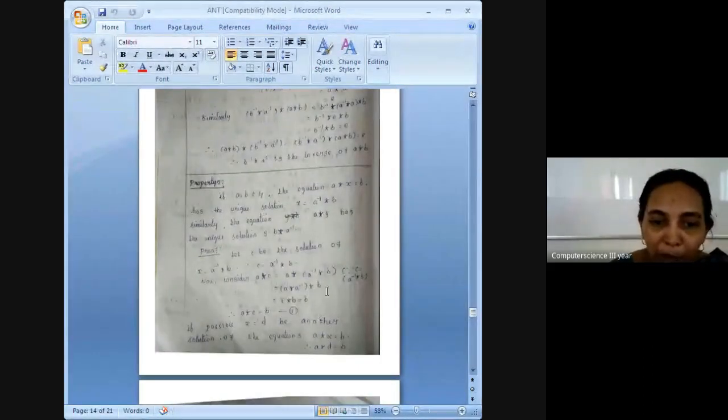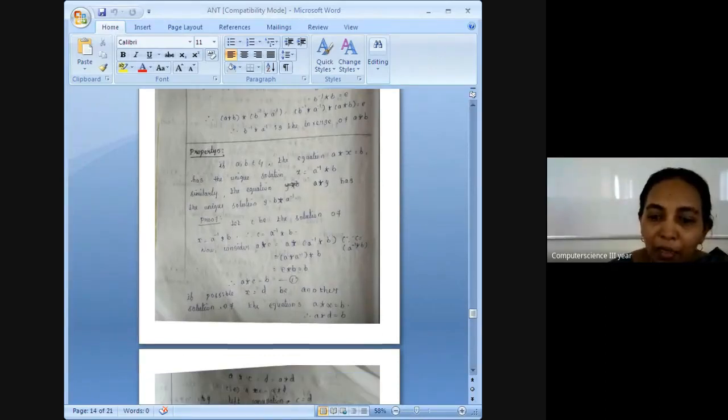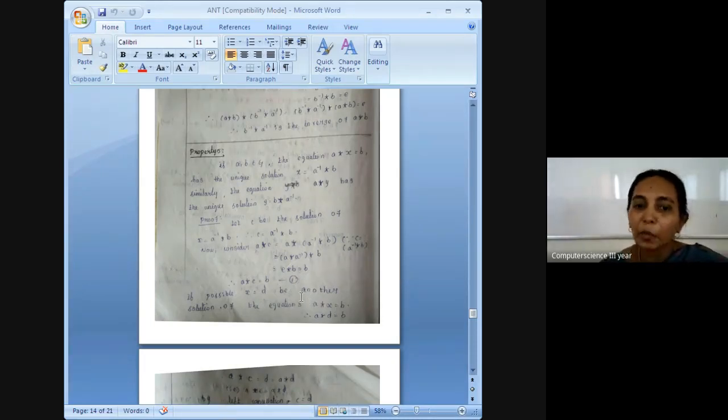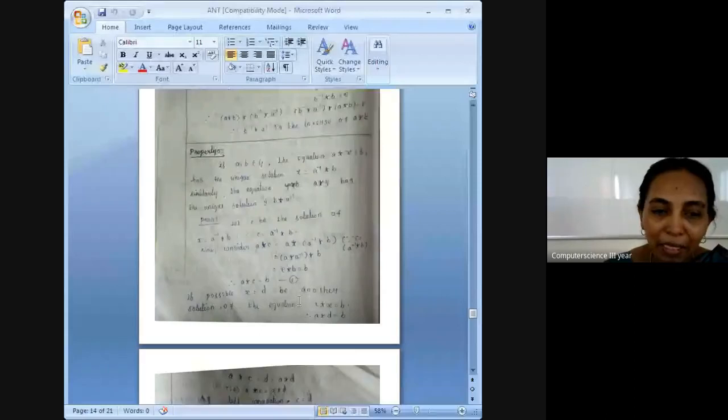Therefore we can interchange the bracket: A star A inverse star B. A star A inverse is nothing but E, the identity element. E star B is equal to B. Take this as equation number 1.